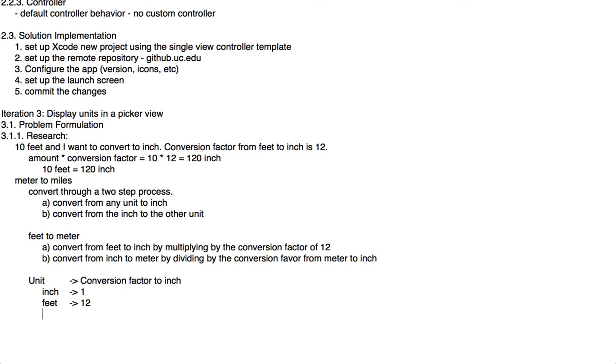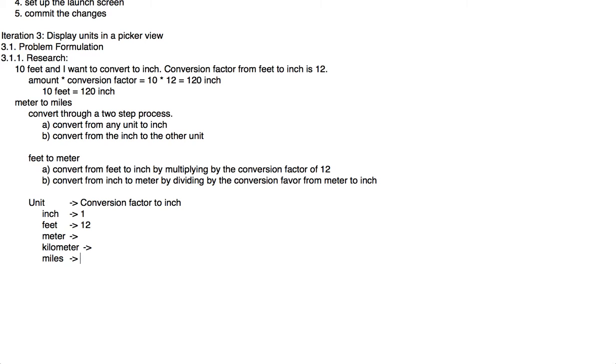So how about the others? What are the others that I want? I want meter, kilometer, and miles. And these are the ones I'm going to use, but if you stay with length units, you can add more.